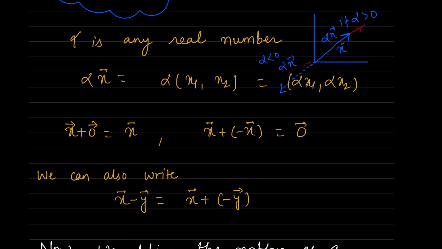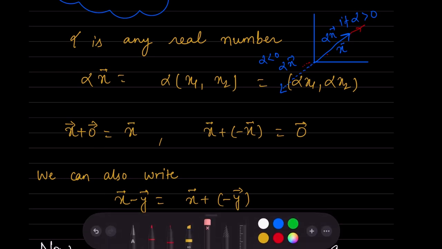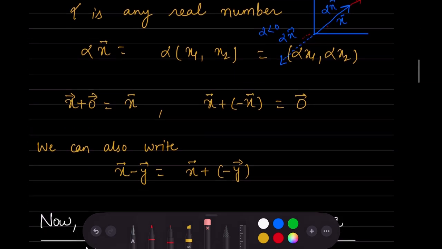Now coming to the zero vector. I am going to discuss the zero vector. In the zero vector, we see that if we have a vector x and we add the zero vector to that vector, the x vector comes back automatically. And we also get the zero vector if x plus, as we have already seen in the addition of two vectors, then we multiply by minus x vector, so that gives the zero vector.